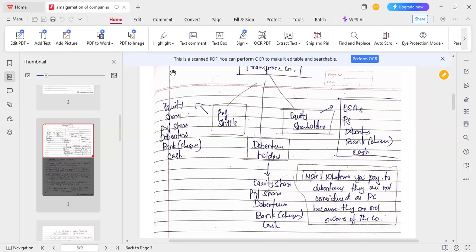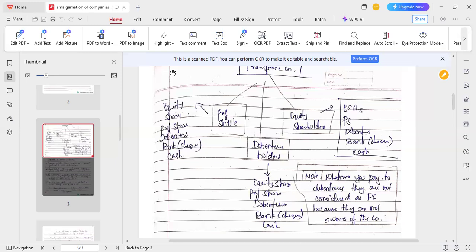So now the question is, would all these be considered as purchase consideration or a component? My question is, does the purchase consideration matter to whom it is given or in which form it is given? Please think over it. Okay. The answer would be that the purchase consideration is calculated on the basis of to whom it is given.